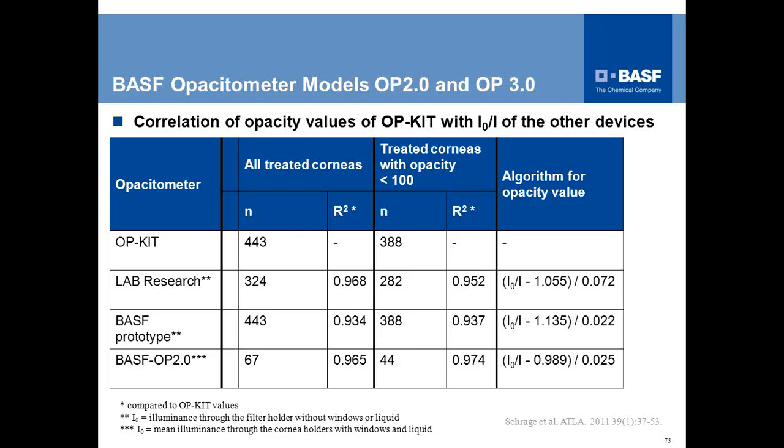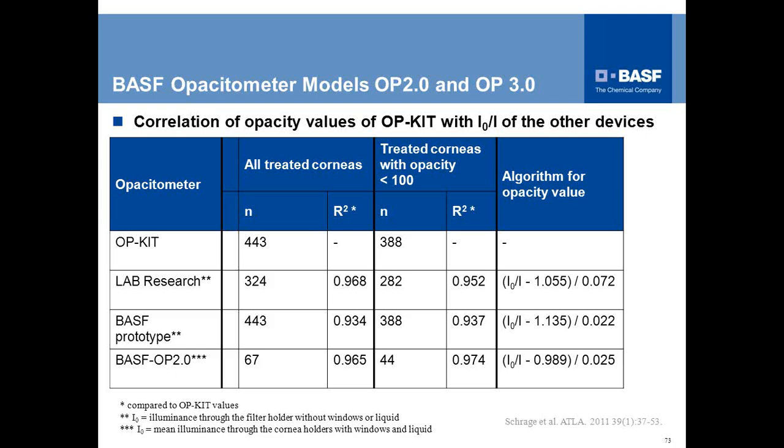This slide summarizes the evaluation of the instruments and shows the mathematical relation between the values, because the OECD guideline refers to the standard opacitometer opacity, but we determined, using all these corneas, how to actually obtain the opacities according to the OECD guideline using our devices.